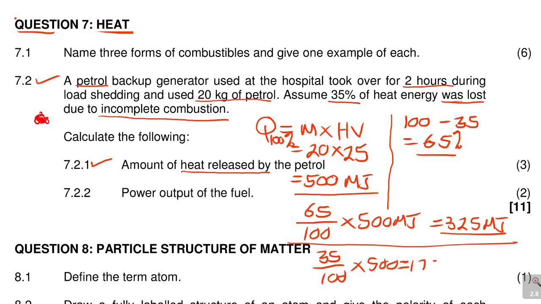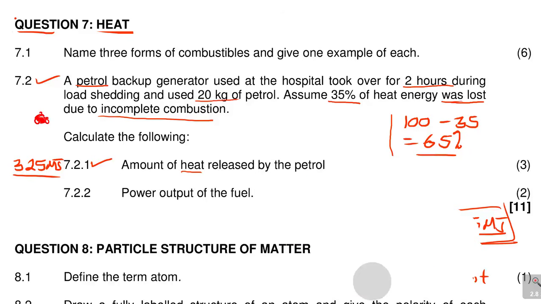So it's 175 megajoules. So this 175 is not the final answer. Now this was lost. What was useful, you subtract from 500. So if you say 500 minus 175, it will give you 325, which is back to that answer. So now the answer in this question is 325 megajoules. That's 7.1. So now if I can erase so that I can do the next question.